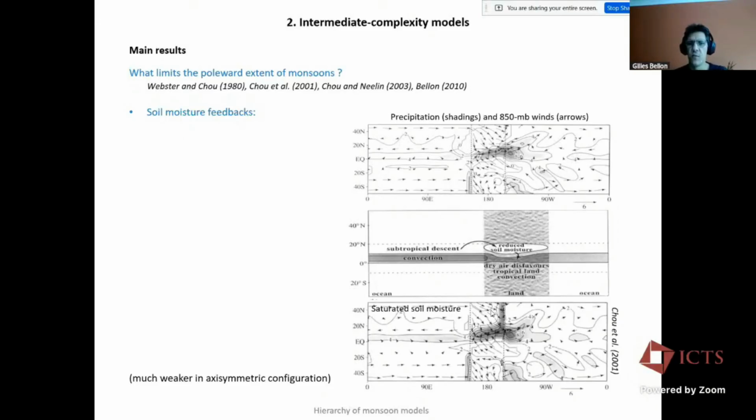And so that will also limit the forward extent of the monsoon just because the moisture availability in the subtropics is not sufficient. And same thing, if you impose the soil to be saturated over land, as is shown in this panel here, then your monsoon will be much more extended forward.